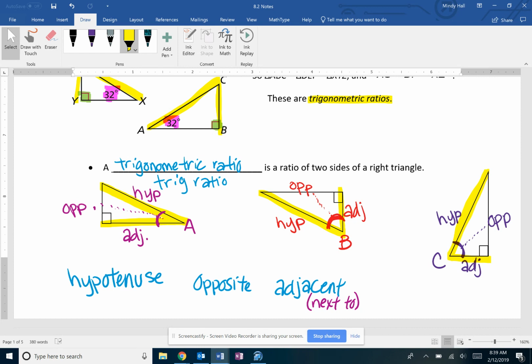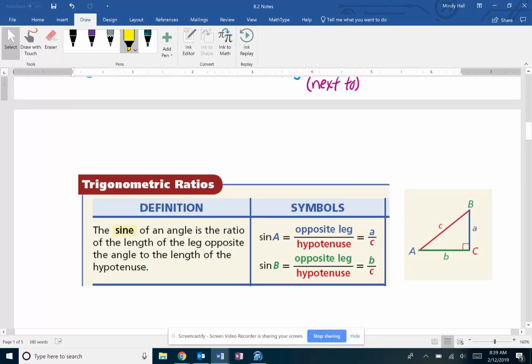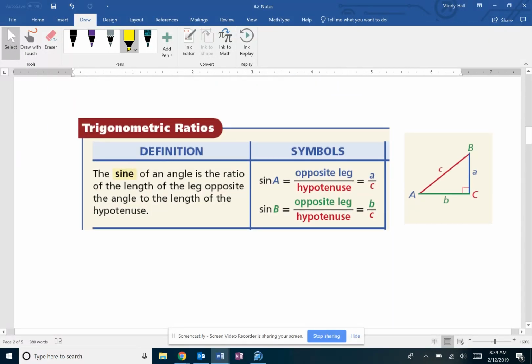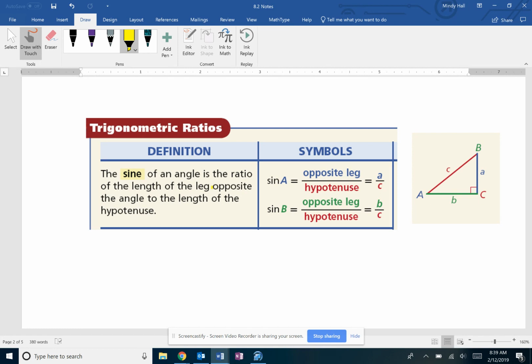So going to the actual trig, our first one is that the sine of an angle is the ratio of the length of the leg opposite the angle to the length of the hypotenuse. So some of you may have heard of SOHCAHTOA. This is what SOHCAHTOA looks like when you actually write out the whole thing.